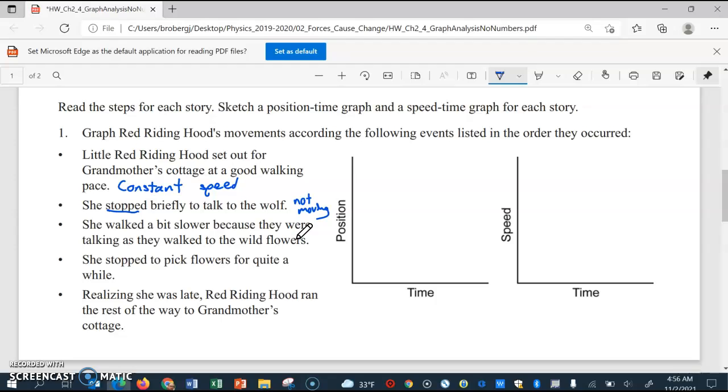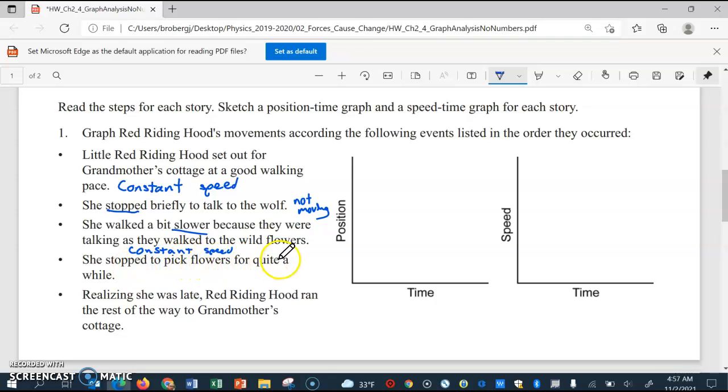This sounds like she's moving at a constant speed again. It's not like she's accelerating or decelerating, but it does say that she walked a bit slower. So our constant speed is going to be slower than the first one, and we'll see that.